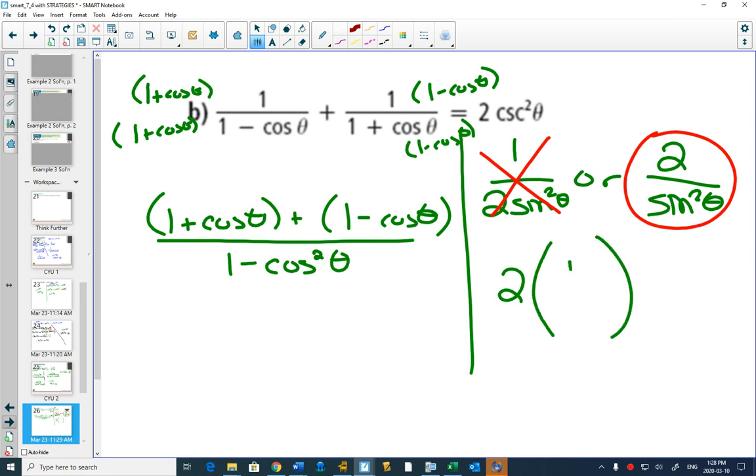Cosecant squared is 1 over sine squared. If I show that extra step, what does that 2 out in front mean? Well, if I'm multiplying by fractions, I can make that 2 out in front 2 over 1. How do you multiply fractions? You multiply the numerators, multiply the denominators. So the 2 stays on the top.